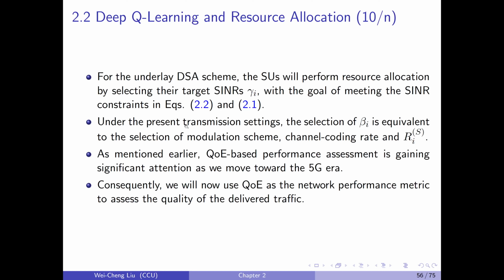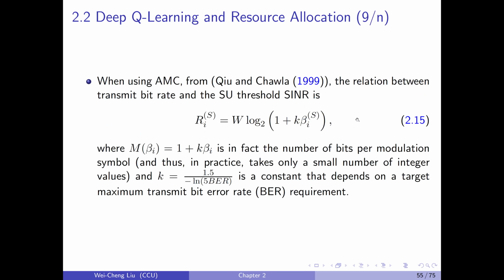Under the present transmission settings, the selection of beta I. Okay, what is beta I? Beta I appears in equation 2.15 in the previous slide. So beta IS is the secondary user threshold SINR.